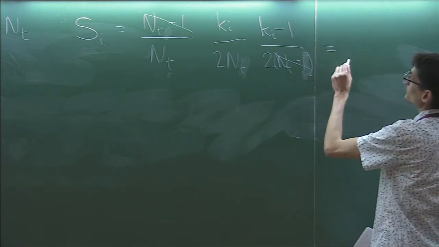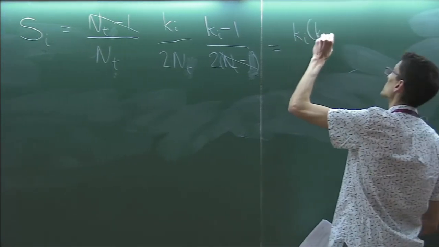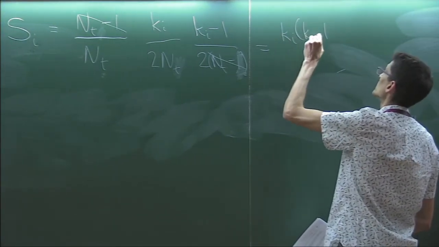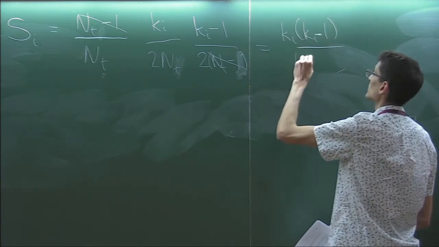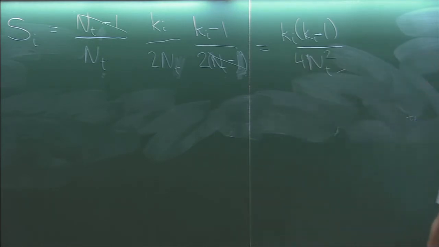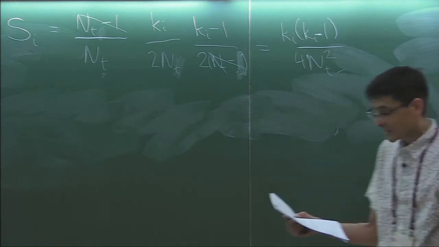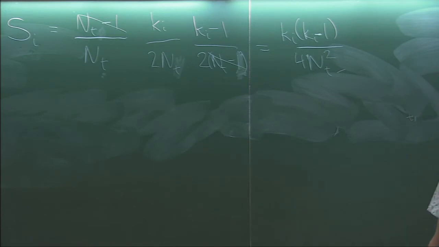So this becomes ki times ki minus 1 over 4 nt squared. Yeah? So that's just the probability that 2 alleles came from the same parent, not just the same parent, they came specifically from parent I.